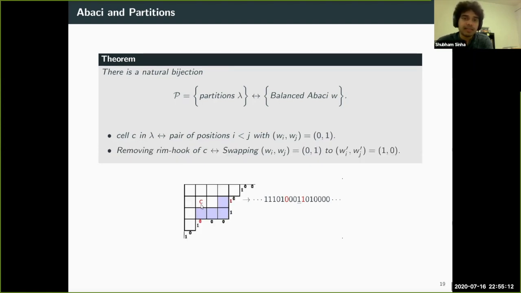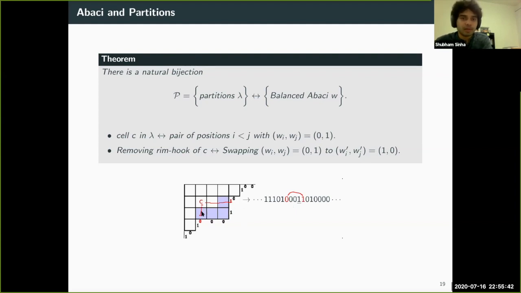A cell C can be described by the 0 step, which is taken at the bottom of the hook, and the 1, which is taken at the right end of the hook. So basically a cell corresponds to a 0, 1 pair, which is what I described here.